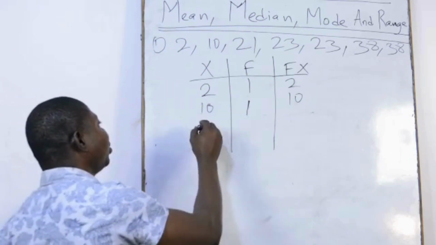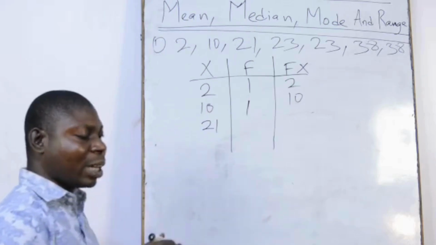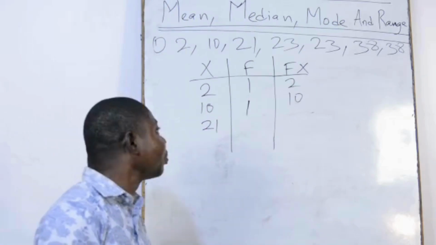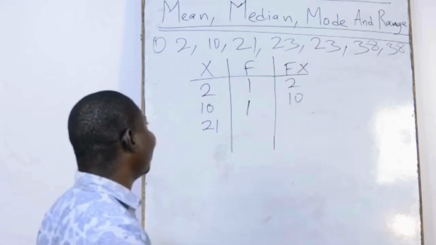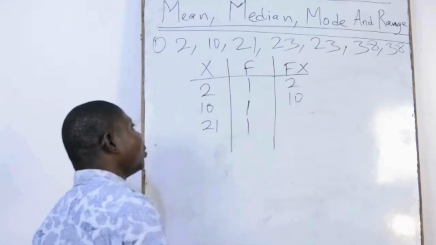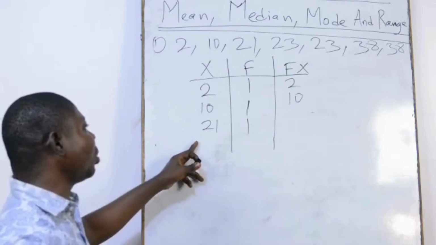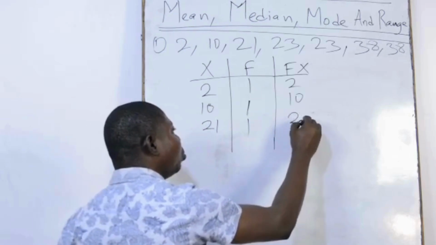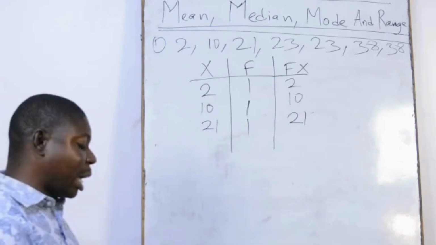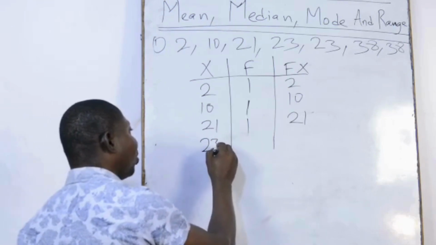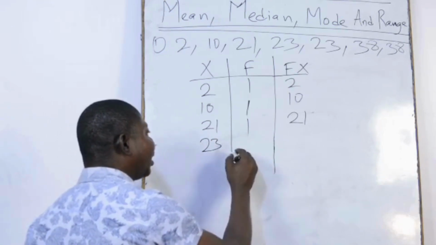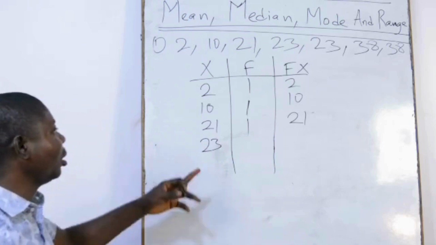Then next, 21. How many times can we see 21 in this question? Check. We have 1, and then you will write 1. Then 1 times 21 will give you 21. Followed by 23. How many times can we see 23 in this question?